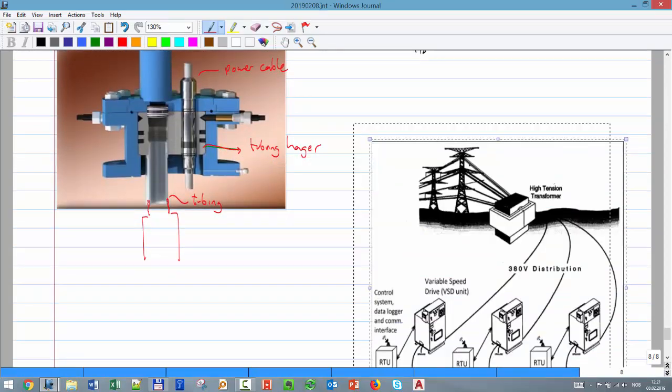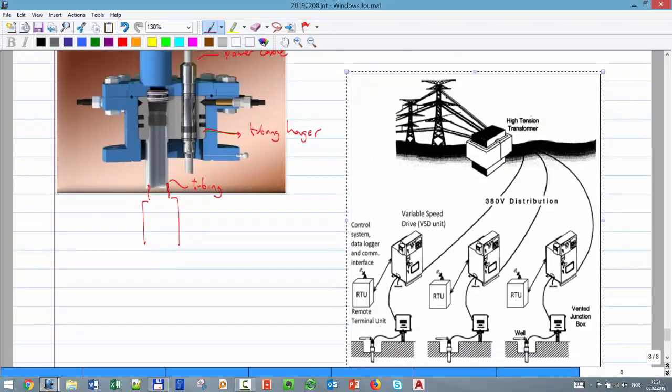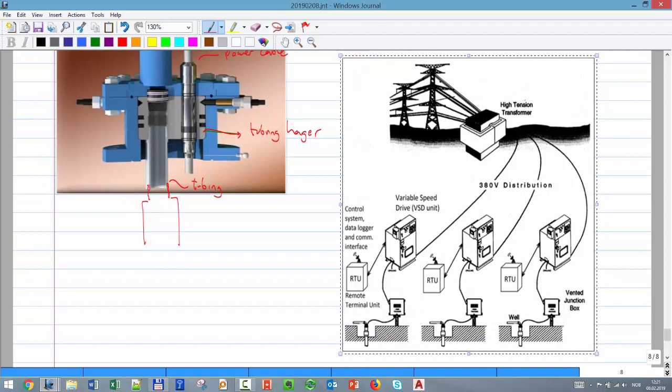I simply take the power from the grid, or from the gas turbine. I have a transformer to get the voltage for the pump. And then I basically control the rotational speed of the pump. I control it with the voltage.